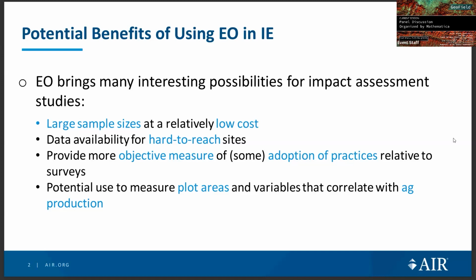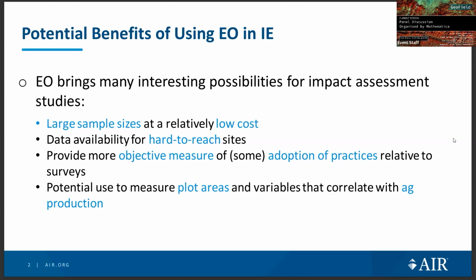I think we all share from the different presentations all the potential benefits of using Earth observation for many of these impact assessments: the fact that we may have large sample sizes at low cost and go to hard to reach sites.